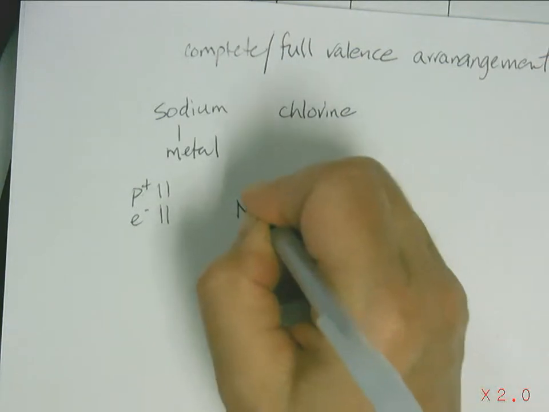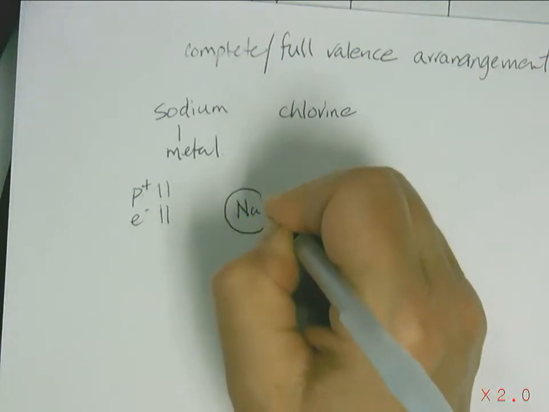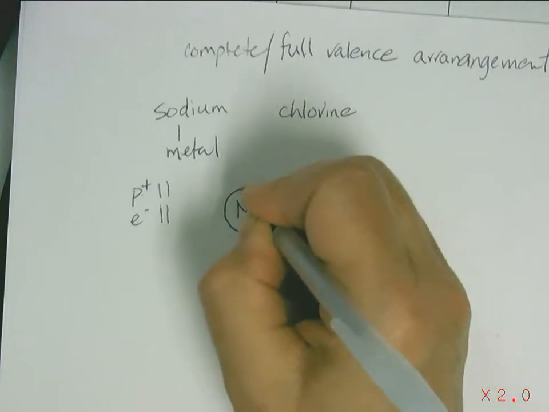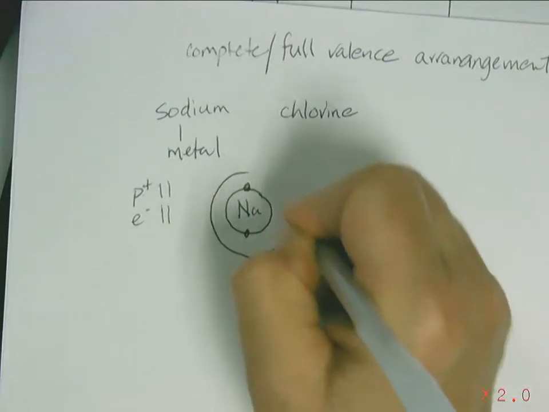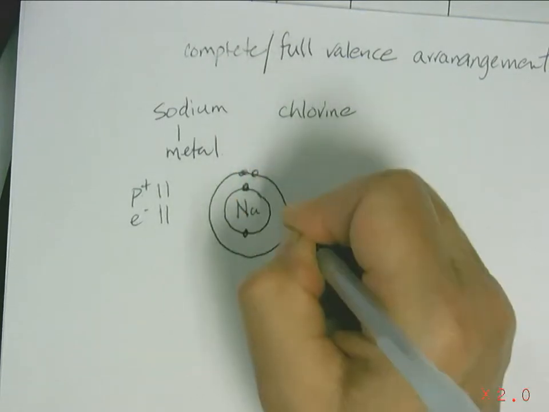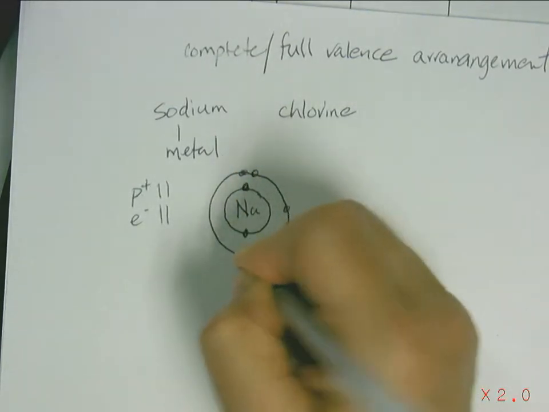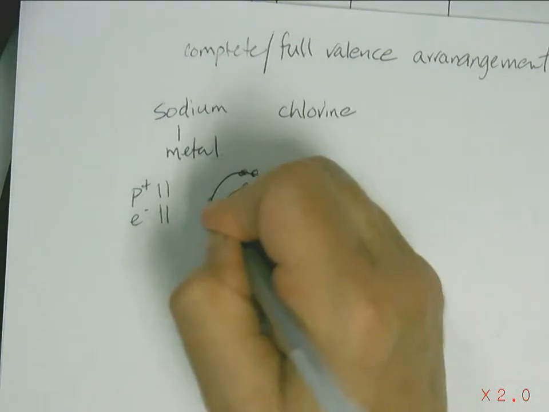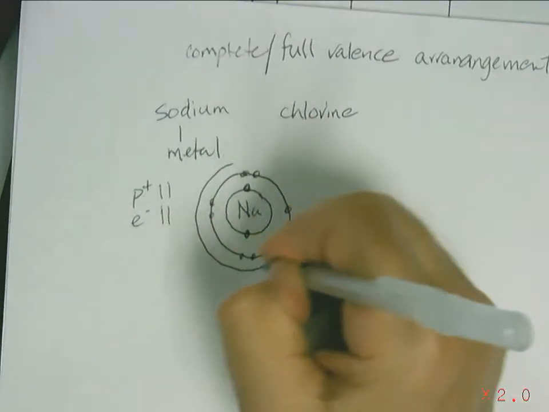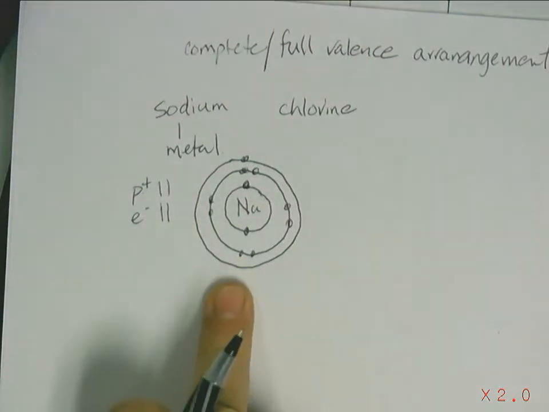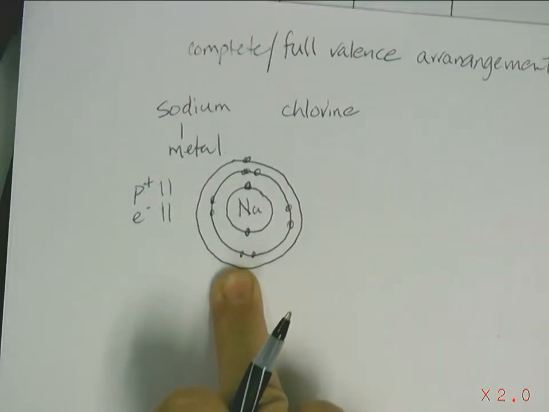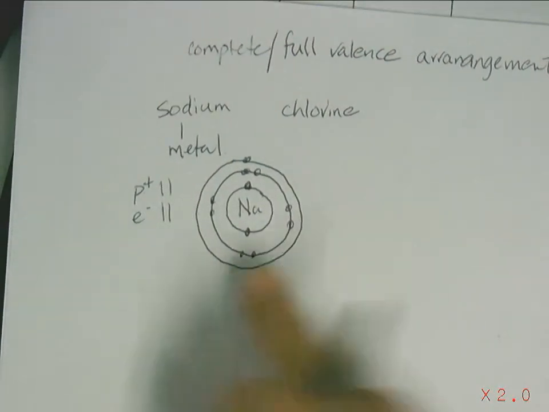Sodium, so it's going to have 2 electrons in the first, 8 in the second energy level, and 1 in the third. And that's the neutral atom of sodium.